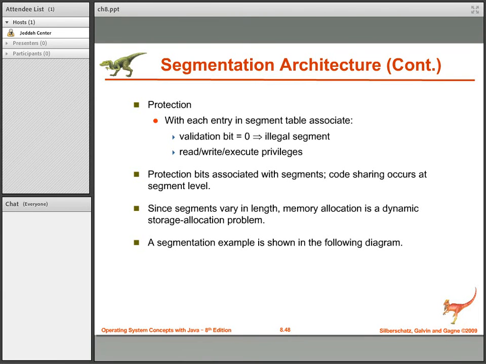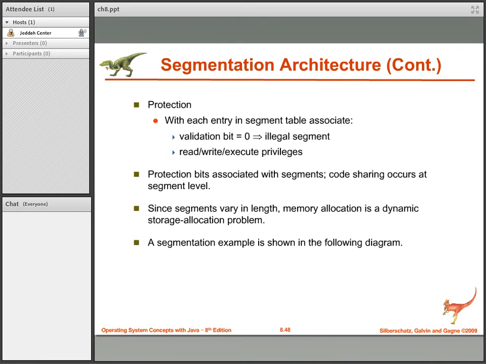How do we handle protection? With each entry in the segment table, we associate a validation bit. A validation bit equal to 0 indicates an illegal segment. Read, write, and execute privileges are associated as well.